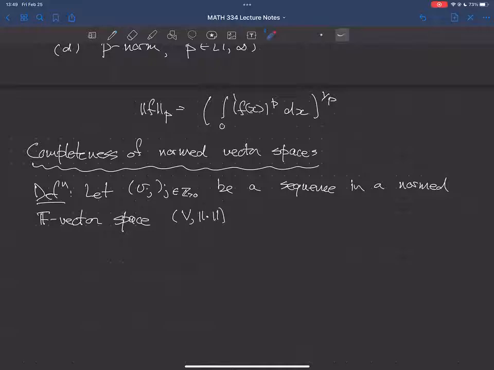Okay, so I have a normed vector space V over F, where F, of course, as always, is R or C, and I have a sequence in this normed vector space.